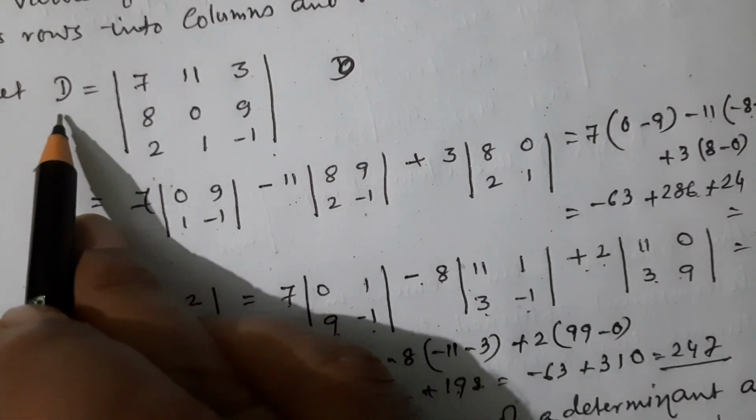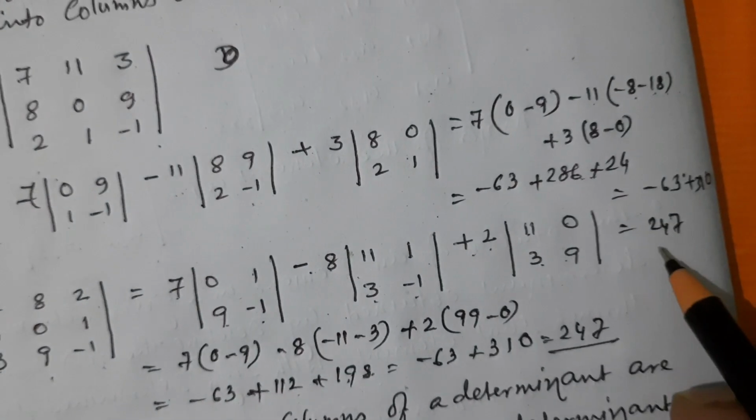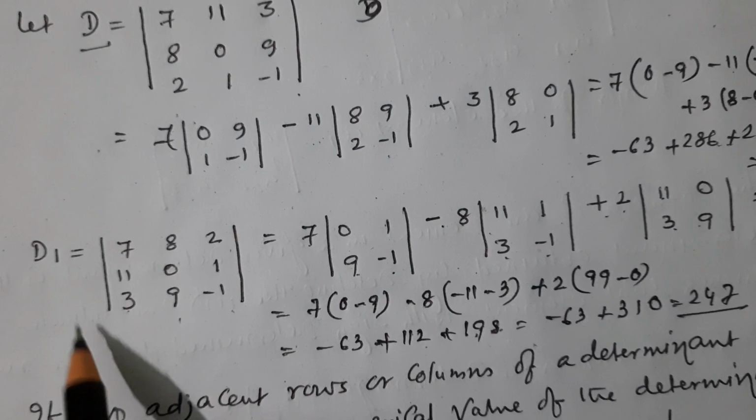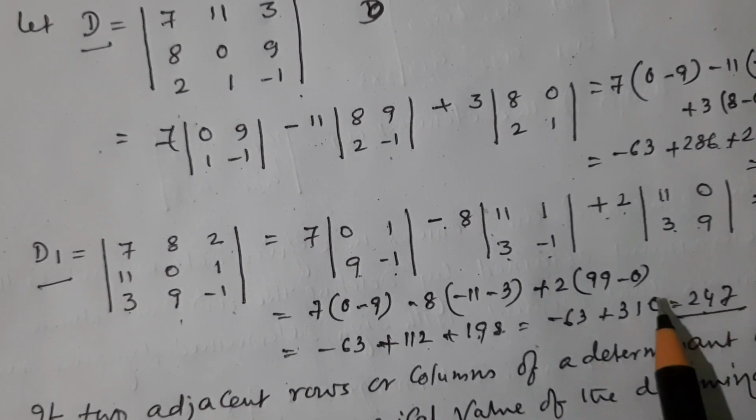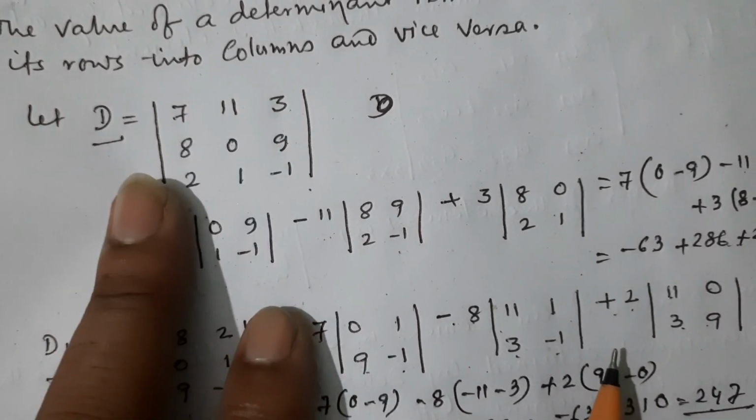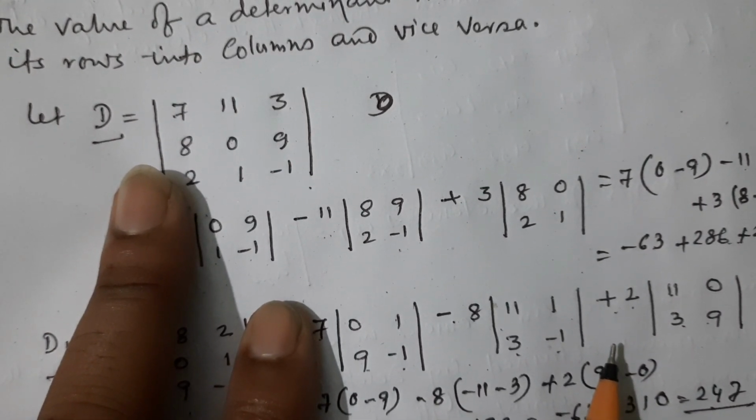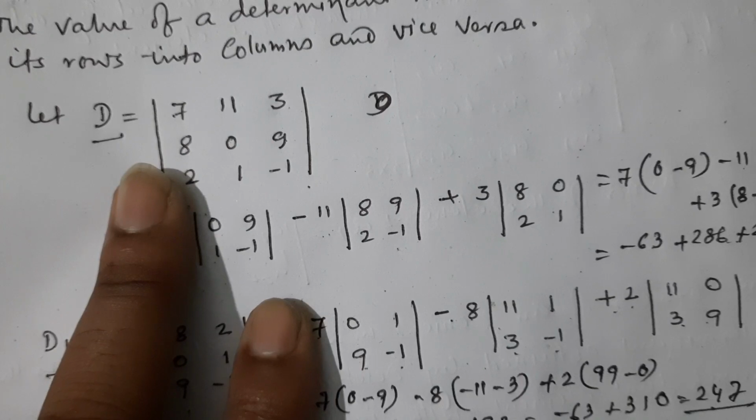Here the value of the determinant D equals 247 and the value of the determinant D1 is equals to 247. So if we interchange the rows into columns, the value of the determinant is unchanged.